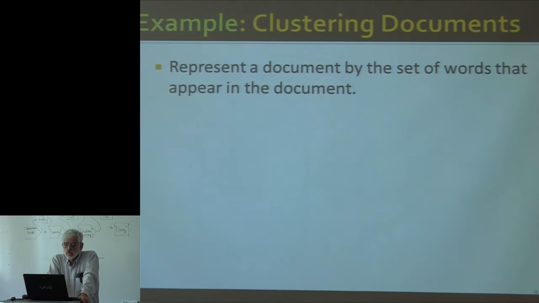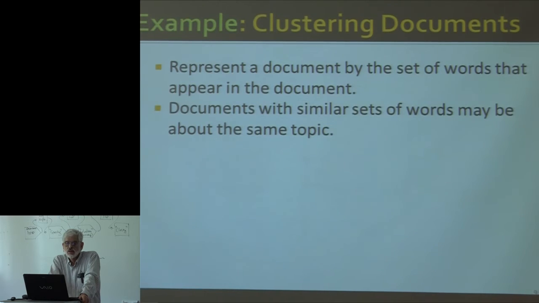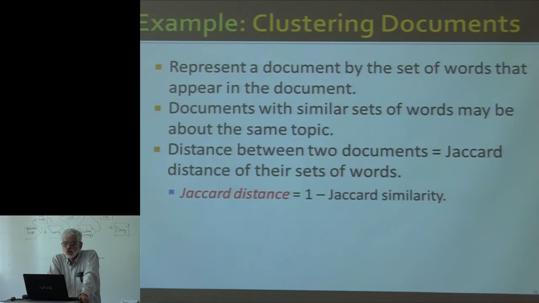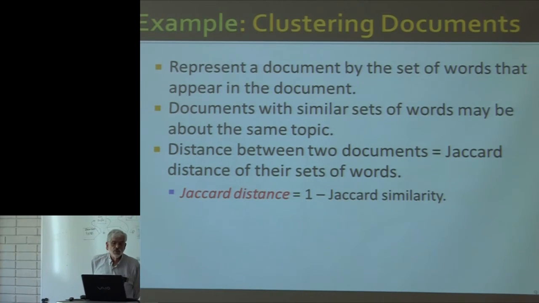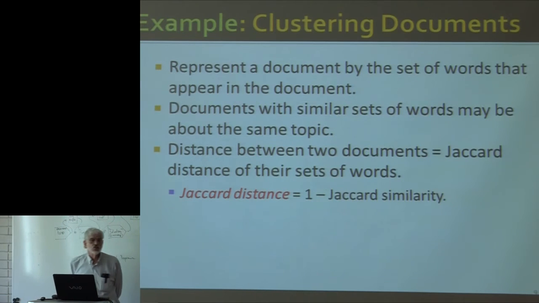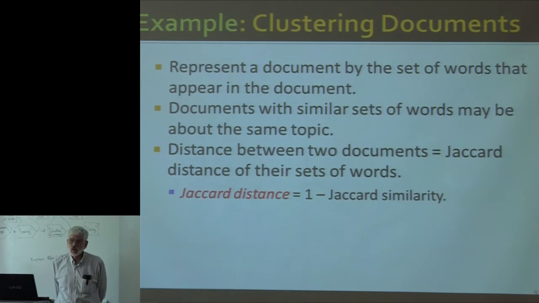So, for example, you could represent a document by the set of words that appear in the document. And you might think that if documents have similar sets of words, they're about the same topic. You can define the distance between 2 documents to be the Jaccard distance of this set of words, where, as I said, the Jaccard distance is 1 minus the Jaccard similarity.